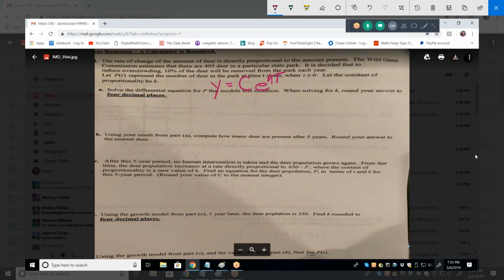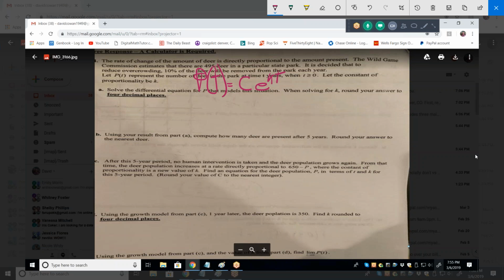And I can also call y p of x. Actually, it's not p of x, it's p of t. You have to put the correct variable in there. And the variable on the right side of the equation is t, not x. Solve the differential equation that models this situation. We've done that. And now solve for k.